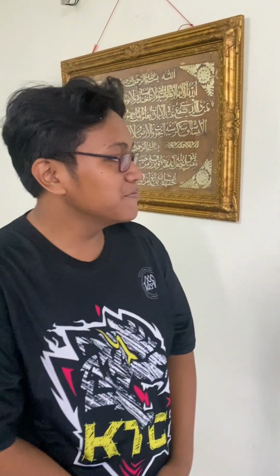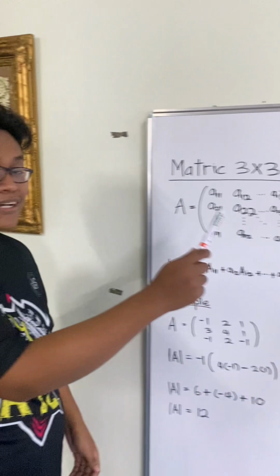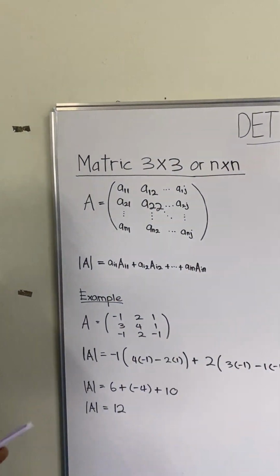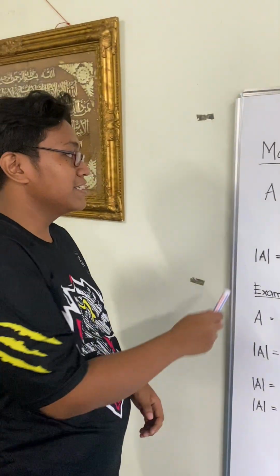Hello, Assalamualaikum. For 3 by 3, or n by n when n is more than 2, we use the cofactor expansion to find the determinant.